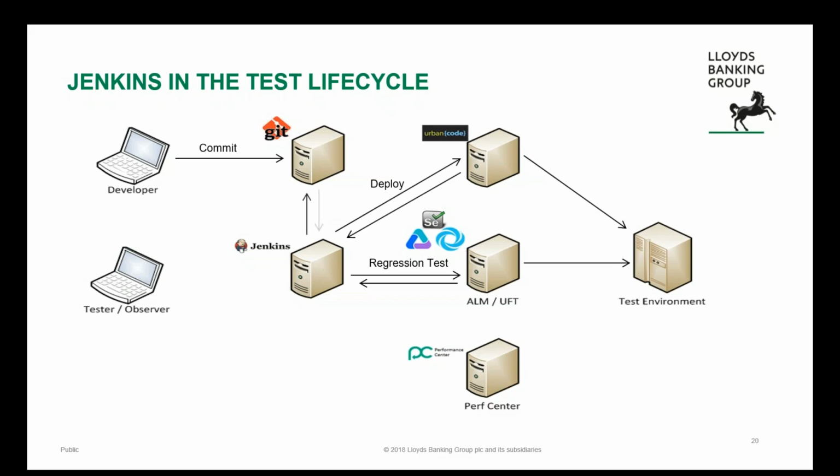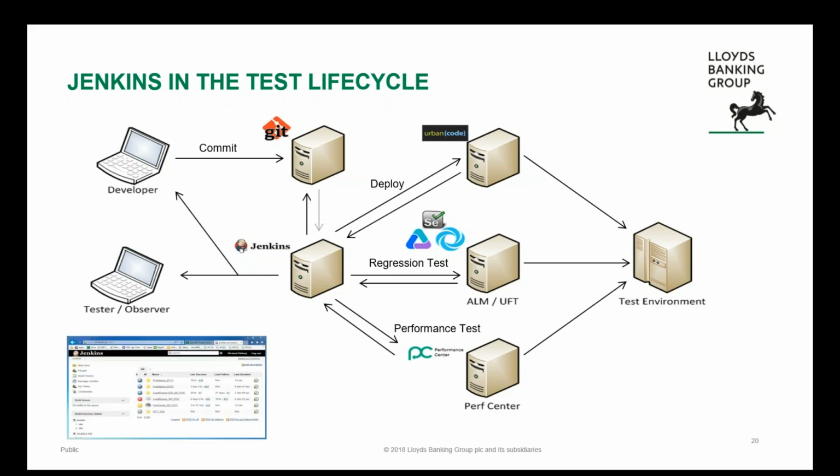But once the regression tests are passed, you can then potentially say, all right, we can run a performance test. So there may be another step here where potentially code's deployed into a performance test environment, or maybe not. But once a performance test runs, the results come back to Performance Center, or you can use LoadRunner for this too.